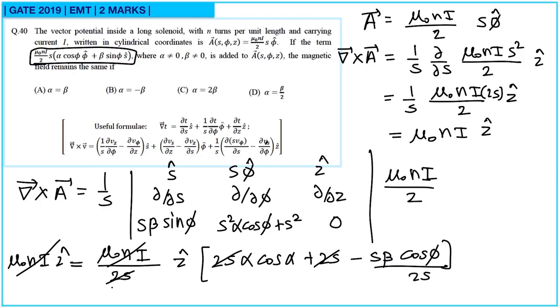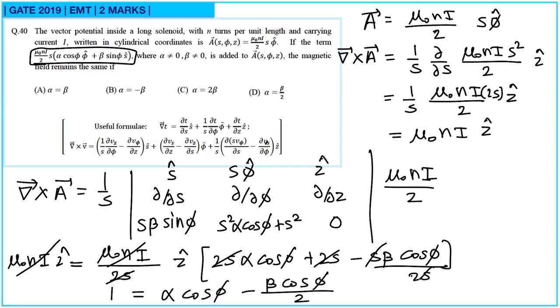So we just have to compare this. So we have 1 is equal to alpha cos phi minus here beta cos phi, s will cancel, so this will be beta cos phi upon 2. This is cos phi only.